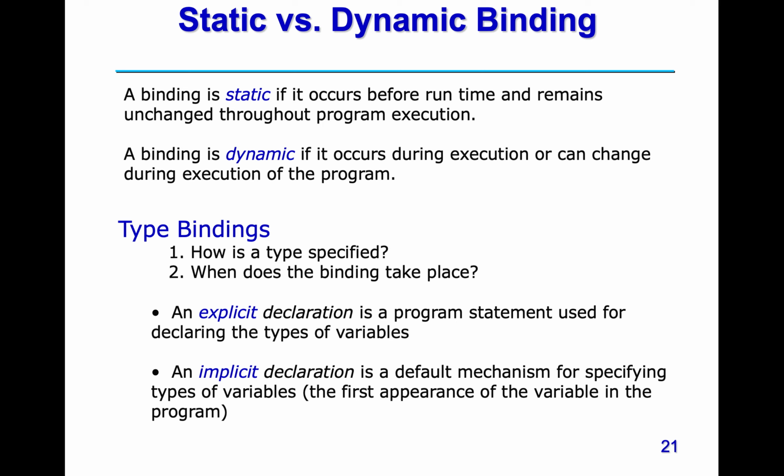Type bindings, basically how are we going to do the type bindings? This is kind of review. We've already seen this. We have type bindings that happen two ways, explicit and implicit. So type bindings is how is the type going to be specified? When does the binding take place? So explicit declarations in the program are used to define variables. That's when we write the C++ or the C or the Java integer I, explicit, written by the programmer. Implicit declaration is done by the compiler, at the first appearance of the variable.